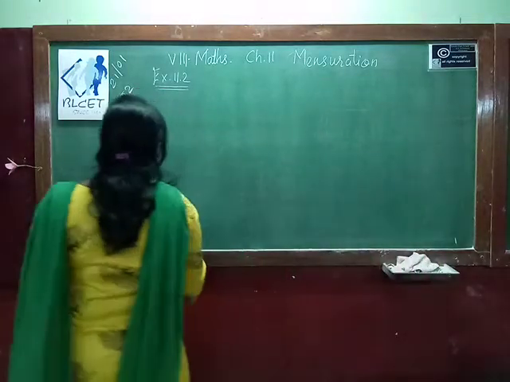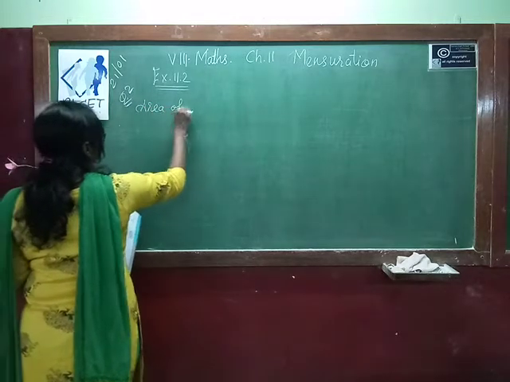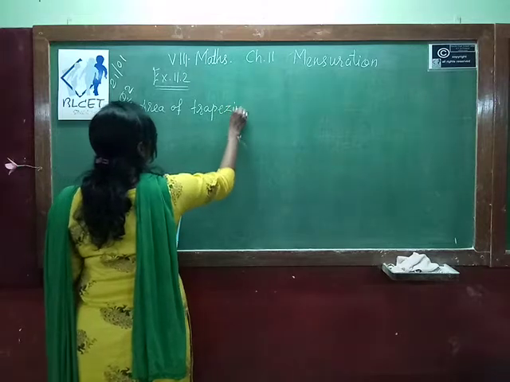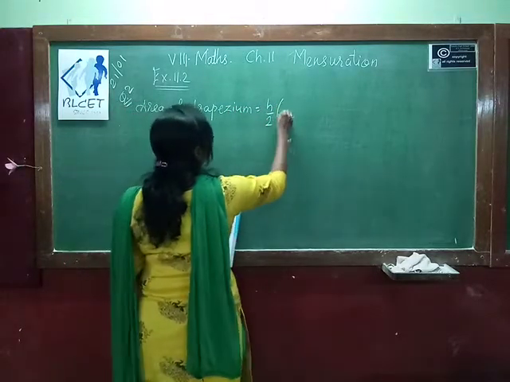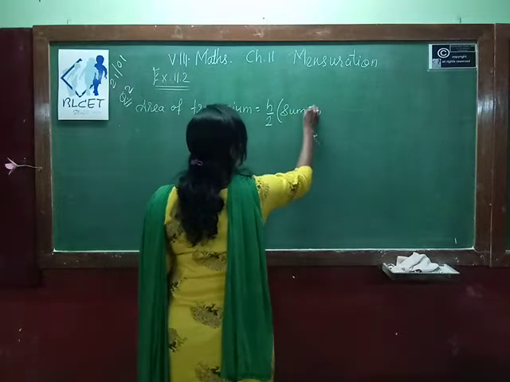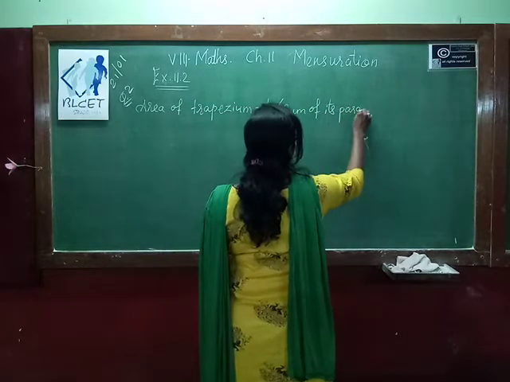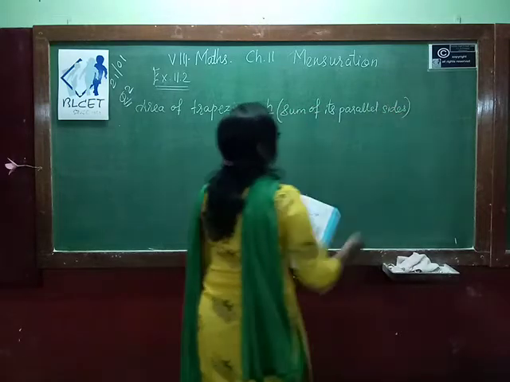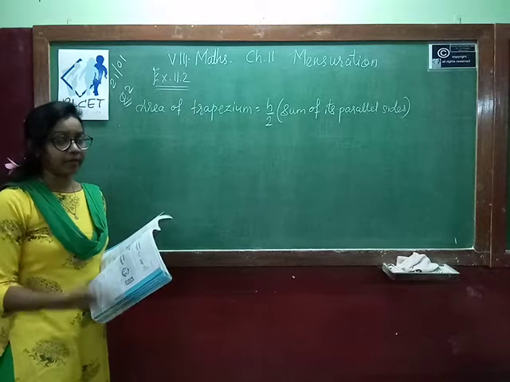So we know the formula that area of trapezium is equal to height divided by 2 into sum of its parallel sides. With the formula you can understand what kind of data we require.